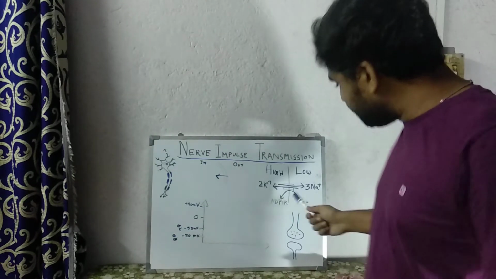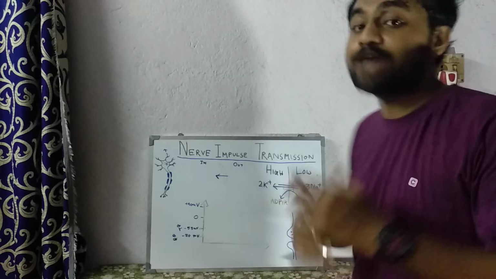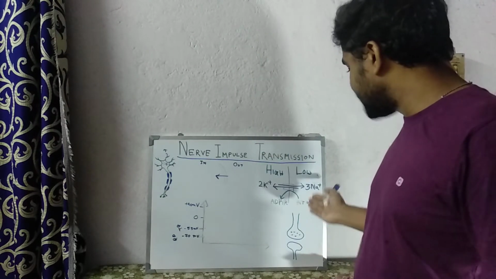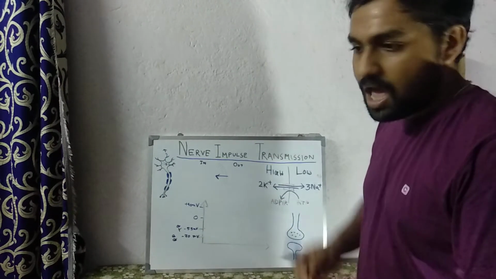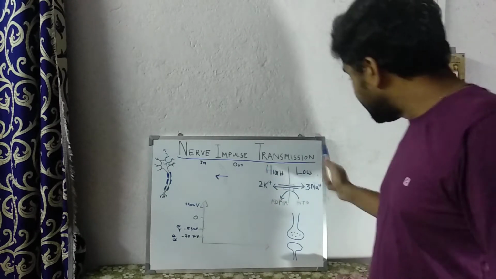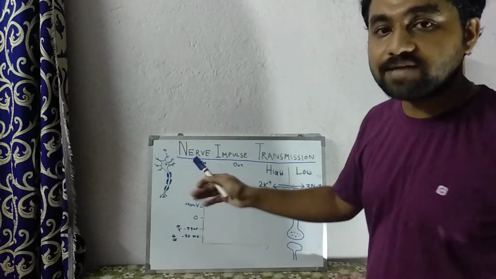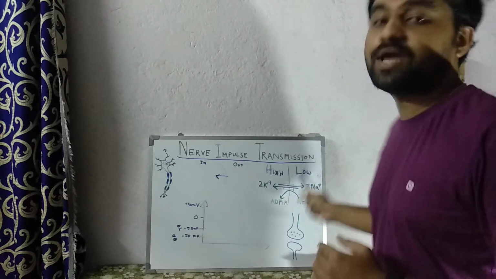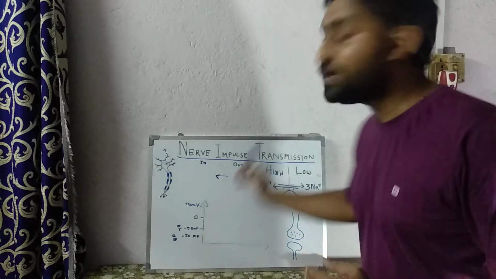ATPase. Sodium potassium ATPase functions by hydrolyzing ATP to ADP and Pi, and the energy it gets from hydrolyzing ATP it uses to transport 3 sodium ions from inside the cell to outside the cell and 2 potassium ions from outside the cell to inside the cell.